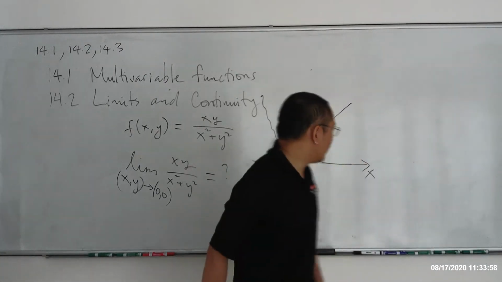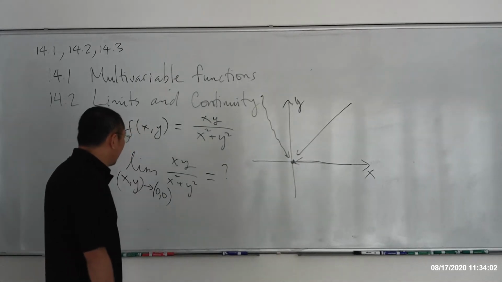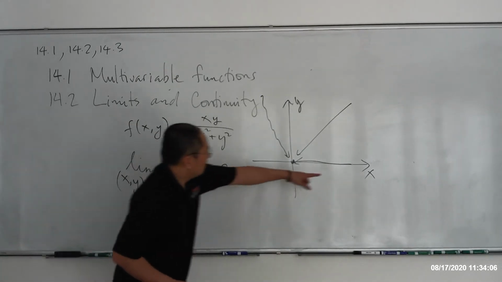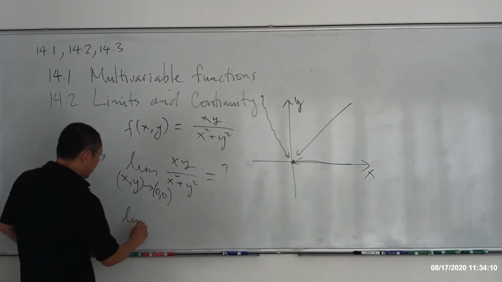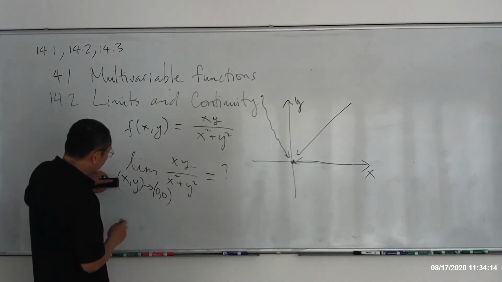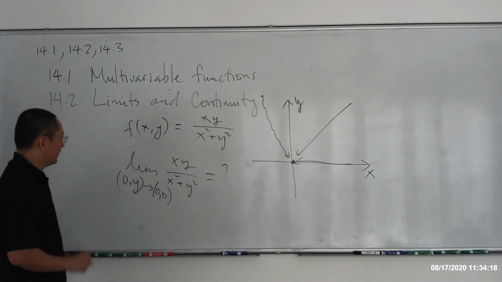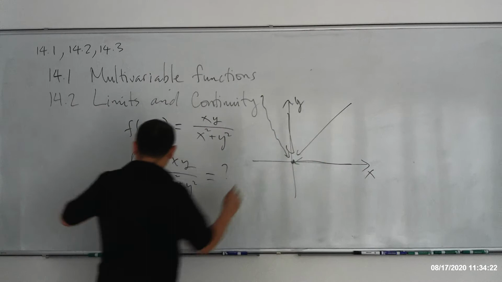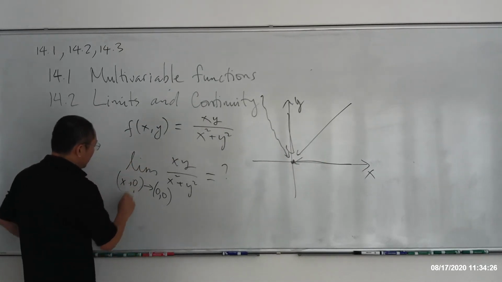So, of course, the easiest way is what? x goes to 0 in that direction, so y goes to 0. Try that way. I can write right here, go to 0, but instead of x, y in general, I can do x comma 0. X comma 0 means what?